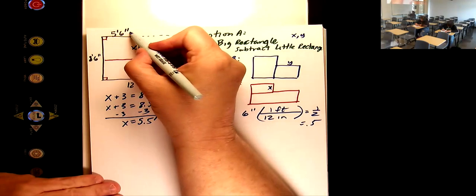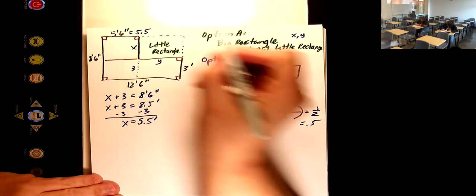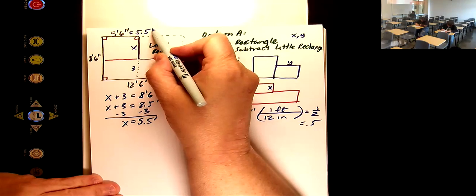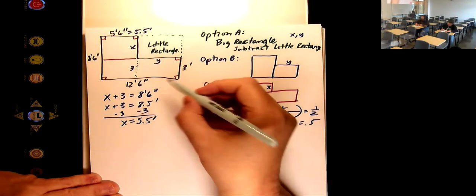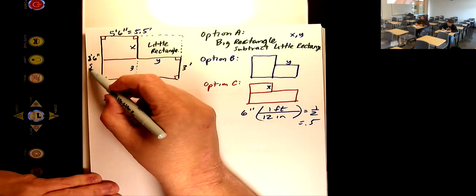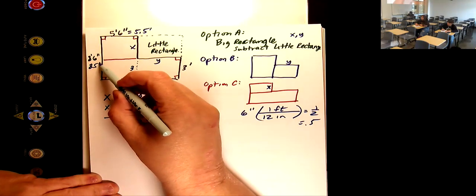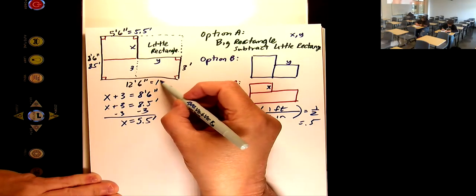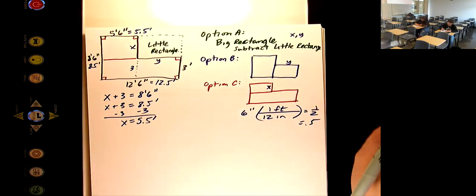Which is the same value as that. That's 5.5. We already said the 6 inches was a 1/2 foot. So I'm going to rewrite down what all these are in feet. They all had 6 inches, so I'm just going to write them as 12.5.